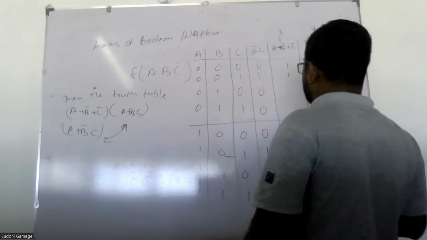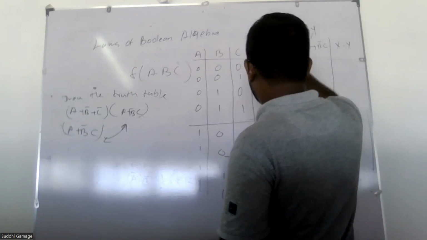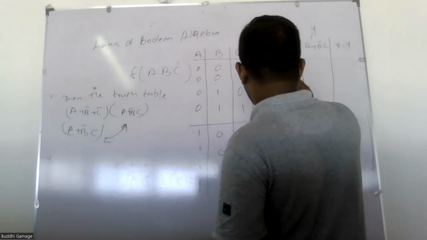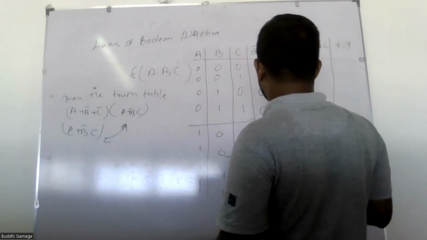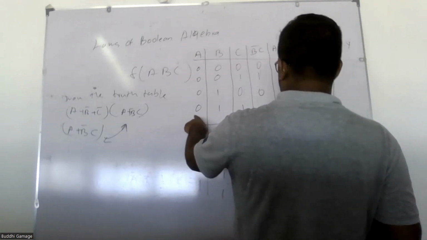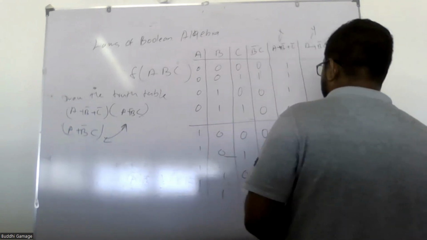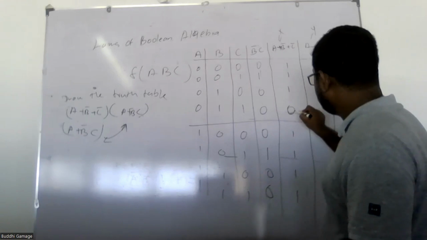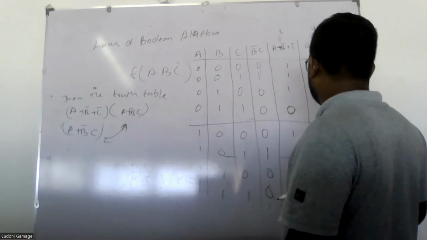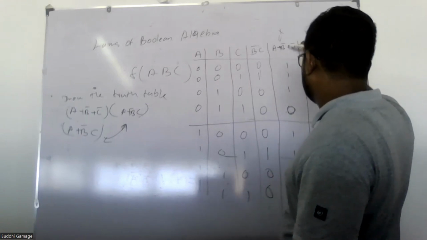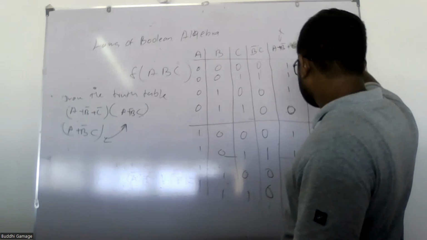And C bar, where C is false, here C is false, so it should be true. Here A, B are 0, this one also 0. So only this one is 0.